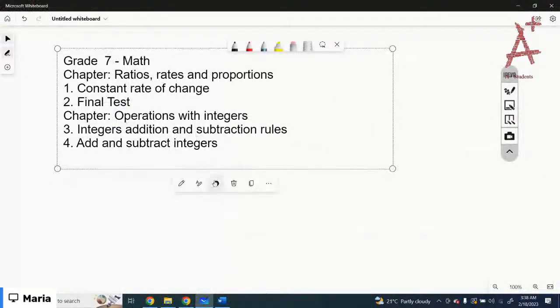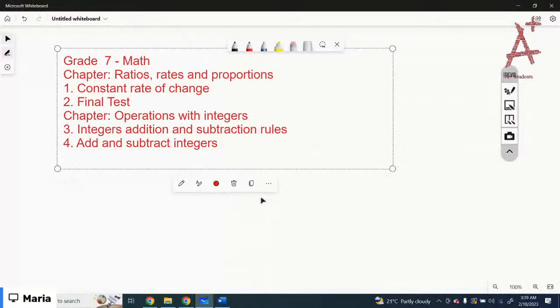Then the final test you have to do on your own, because we cannot see the final test until you complete all the test questions. Got it? Then we started the new chapter, operations with integers, and the lessons we have covered from the chapter are integers, addition and subtraction rules, and add and subtract integers.